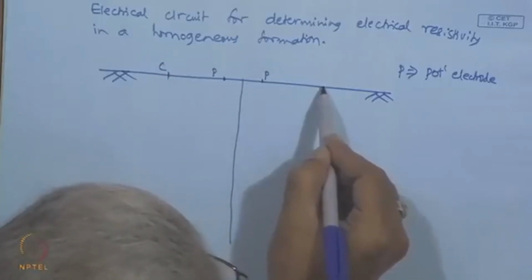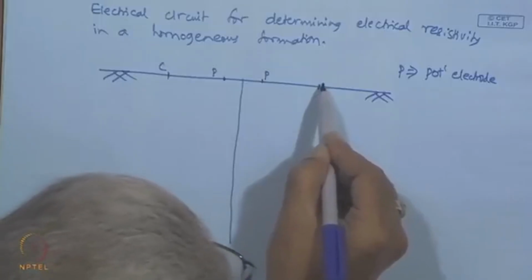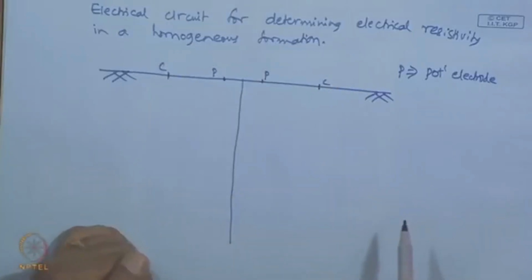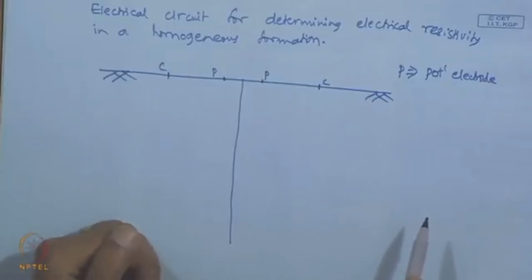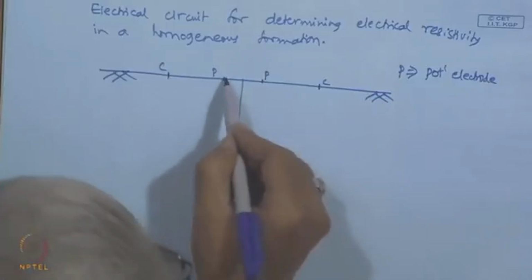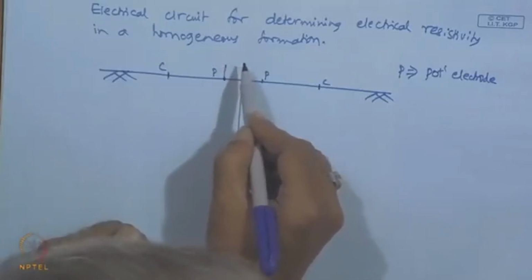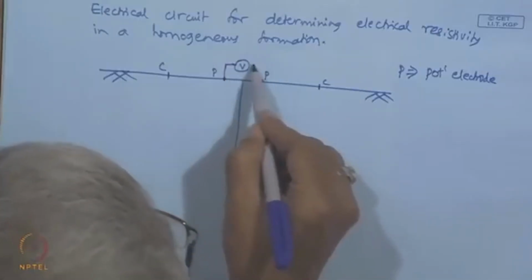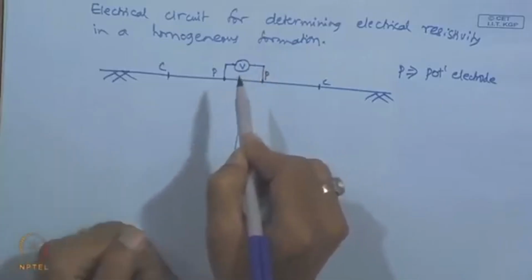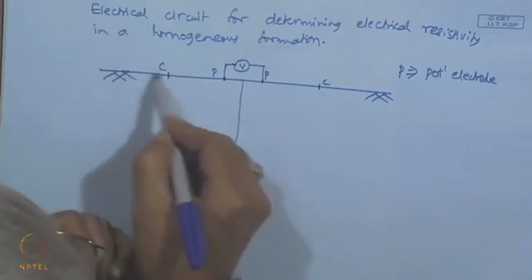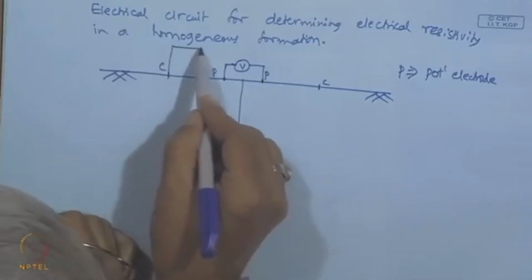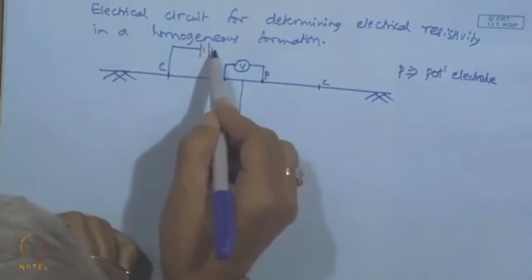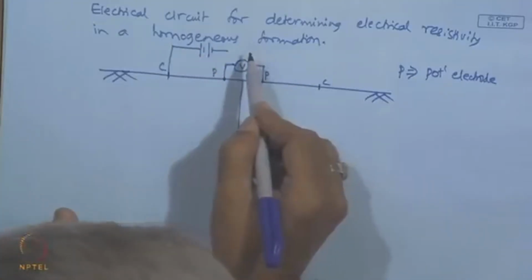It is a symmetrical formation, and between the potential electrodes there is a voltmeter, and between the current electrodes there is a battery source and an ammeter.